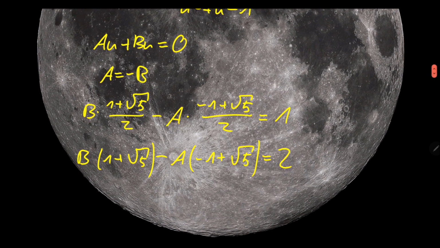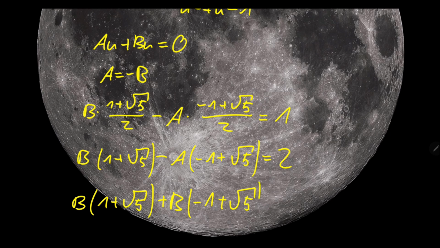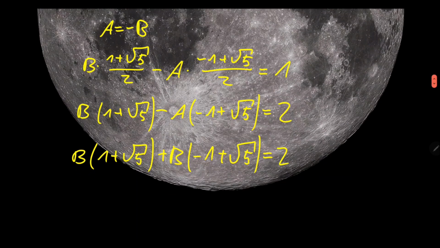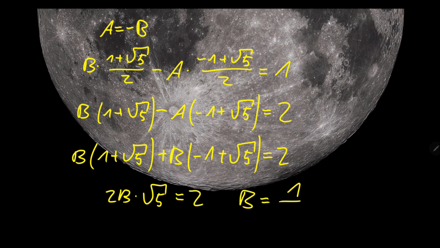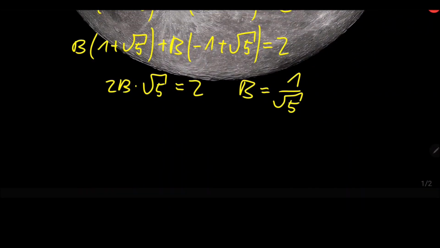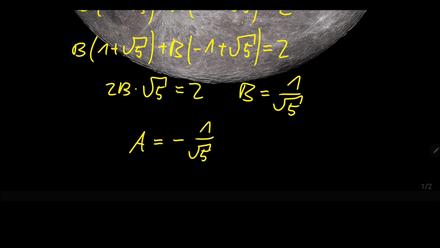And so we can rewrite this as b times 1 plus the square root of 5 plus b times minus 1 plus the square root of 5, and all of that is still equal to 2. But now this simplifies nicely to just 2b times the square root of 5 equals 2. And then of course b is nothing but 1 over the square root of 5. But this tells us that a is the same as minus 1 over the square root of 5.